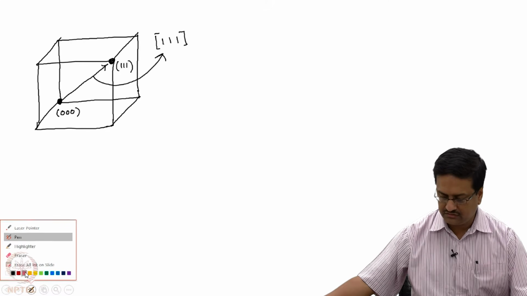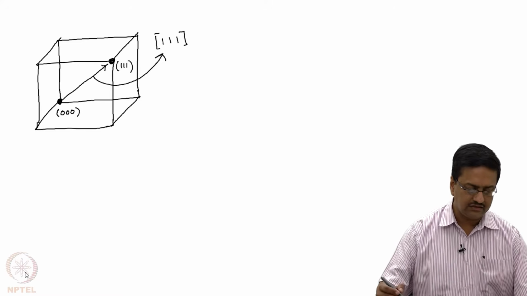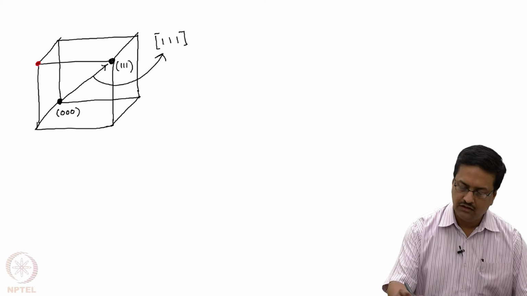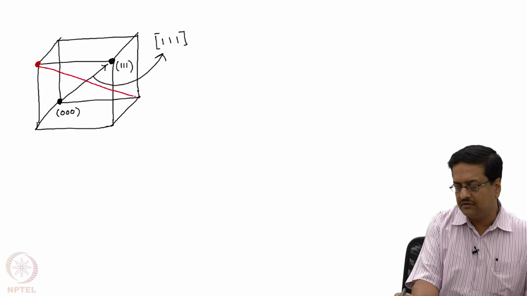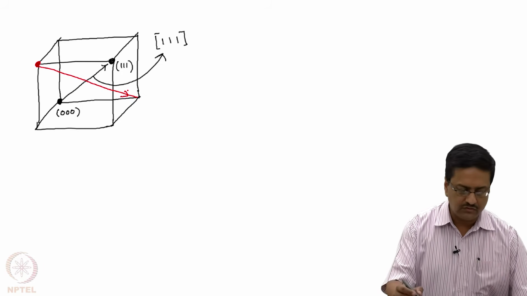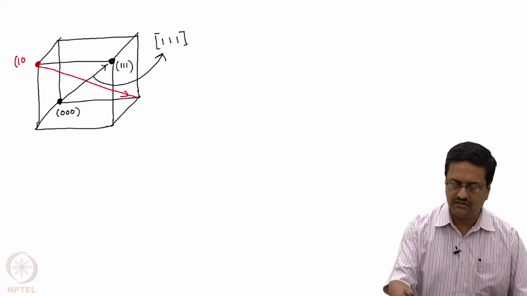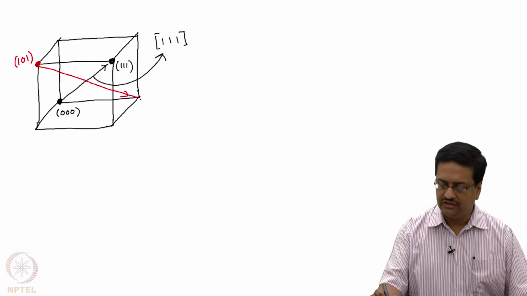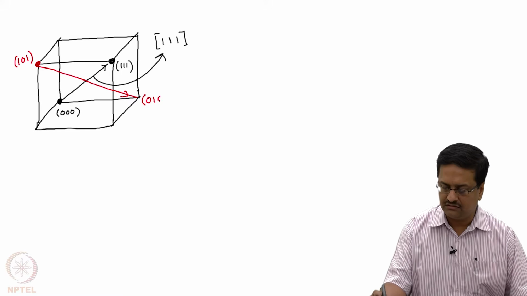Now if we try to see the direction from this corner to the other corner of the unit cell. So what is the coordinate of this corner? It is 1, 0, 1, and the tip is 0, 1, 0.